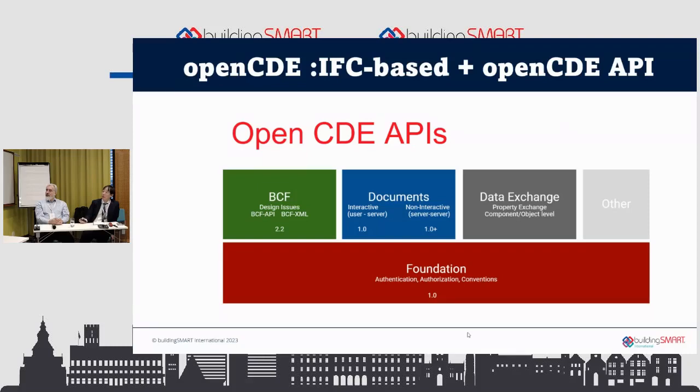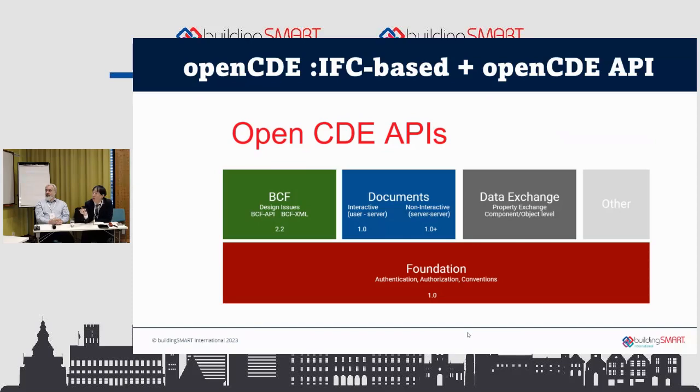Firstly, the 1.0 is created, and it's the common function, authentication. And the next 1.0 means that under this authentication function, the documents are handled under the CDE. So it's like a document cloud database.